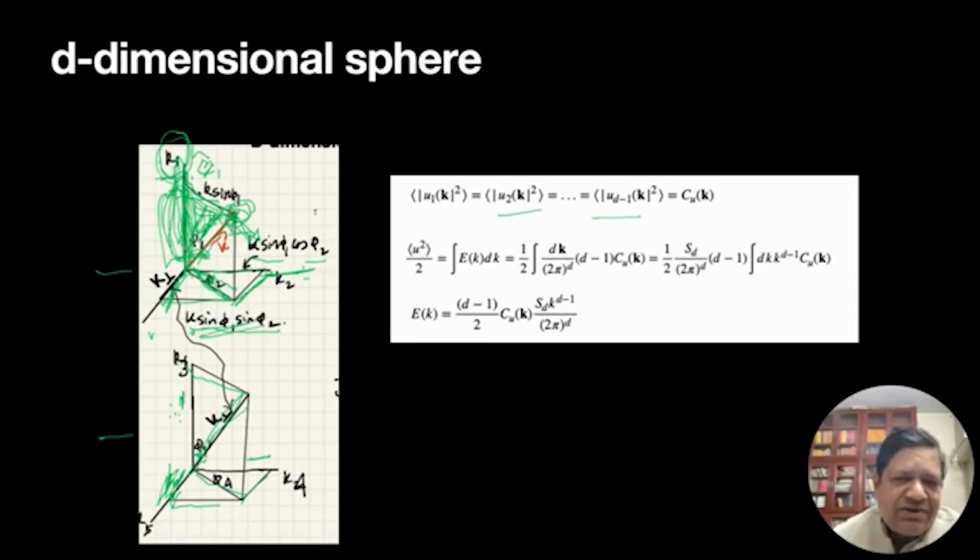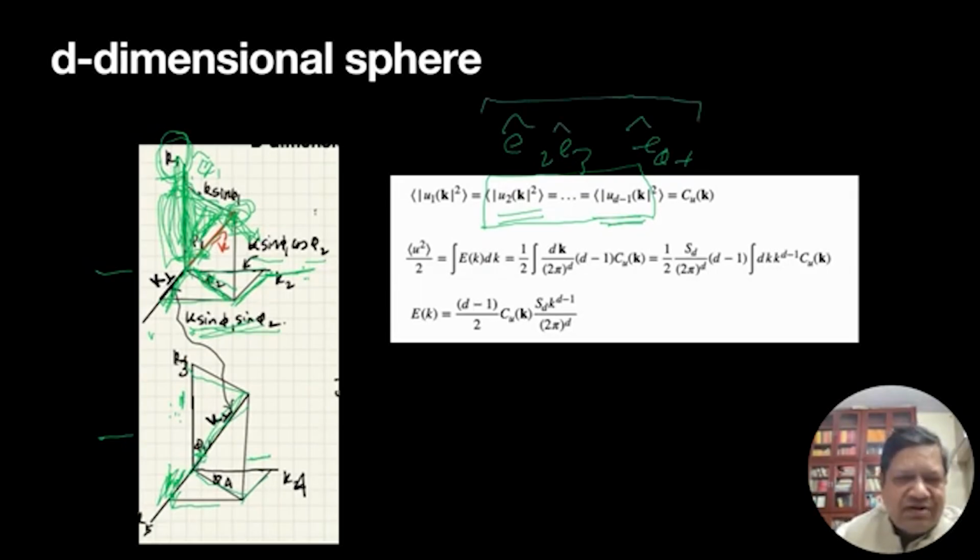In d-dimensional space, we will have u2 to u(d-1) as components along perpendicular unit vectors, so we'll have e2, e3, e(d-1) like that. These are all perpendicular to e1 and perpendicular to each other, in fact orthogonal. The components along these unit vectors are u1, u2, u3, and so on.